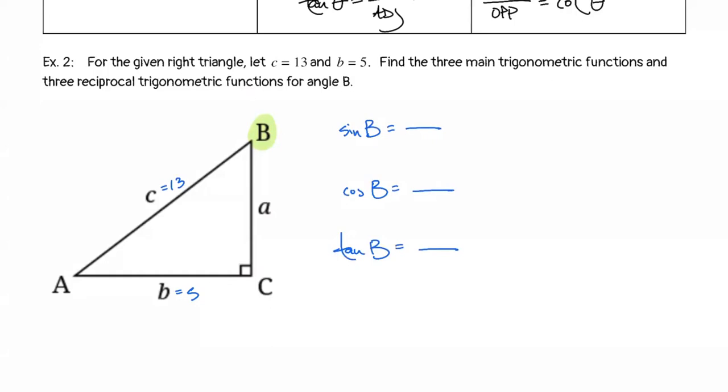And I know we just talked about these, but help me out. Give me the 3 reciprocal functions, starting with the reciprocal of sine. What's the reciprocal function of sine? Cosecant. Cosecant, good, good. So cosecant B, great. All right, what is the reciprocal of cosine?